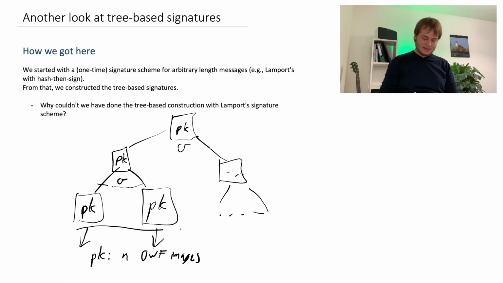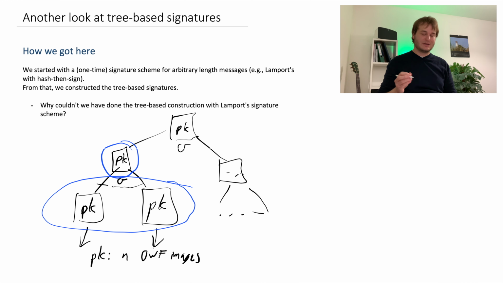If these 2 public keys both have n one-way function images, and we want to use this public key to sign these 2 public keys, then this public key up here needs to be long enough to do this. So even if these one-way function images were only 1 bit, which they can't be because functions that output just 1 bit are not one-way, but even then we would need a public key of length 2n. So 2n one-way function images.